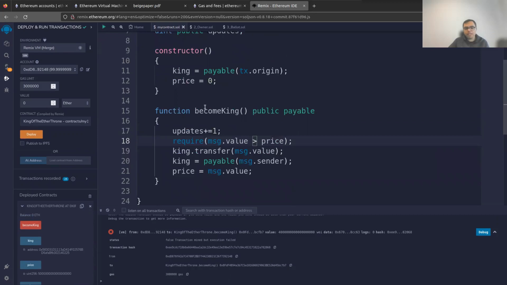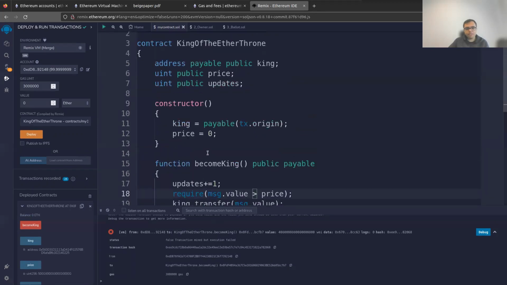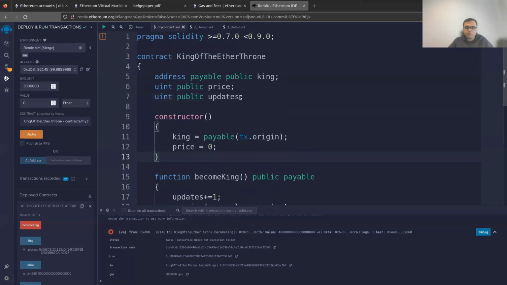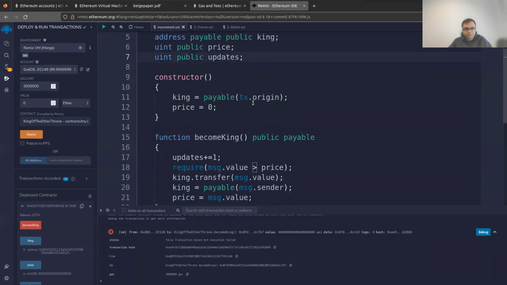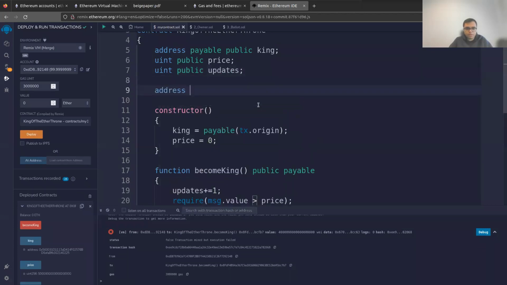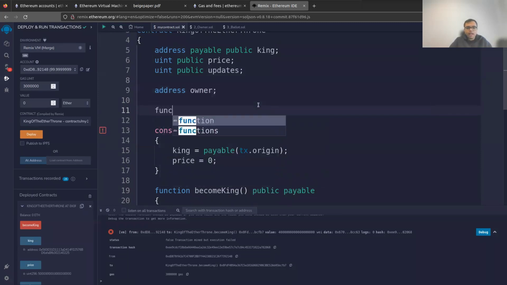Now, another way that we use require usually is that we want to maybe do access control. Maybe you want to make sure that a particular function can only be called by the owner of the contract. Let's say I have something like this. I have an address called owner, and I have a function f.